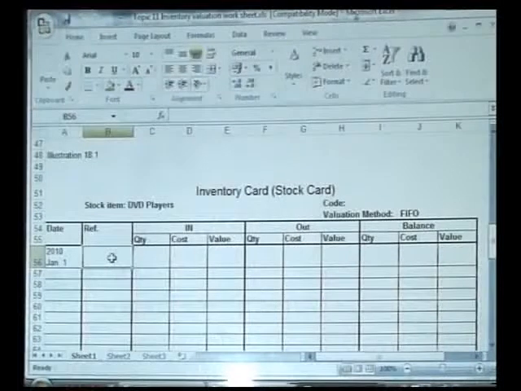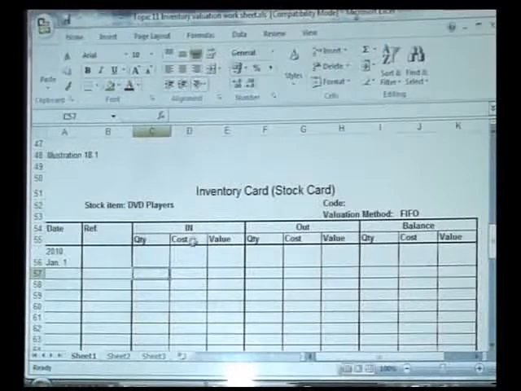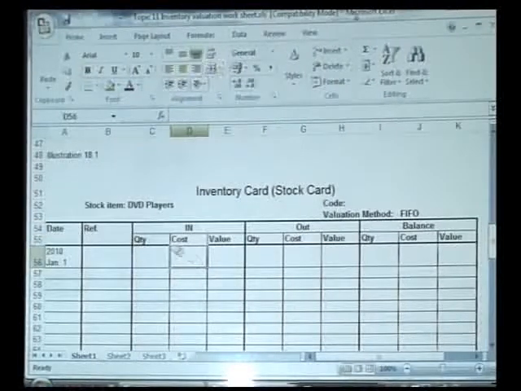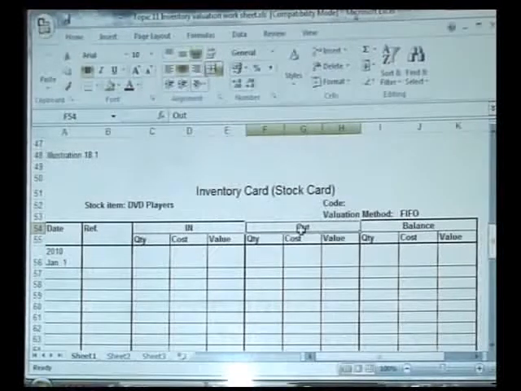Invoice is used for sales to record sales or issues, and GRN is used to record purchases or the goods received. All the receipts are recorded in the in column or receipt column, same, and the out column or issues column, again same.